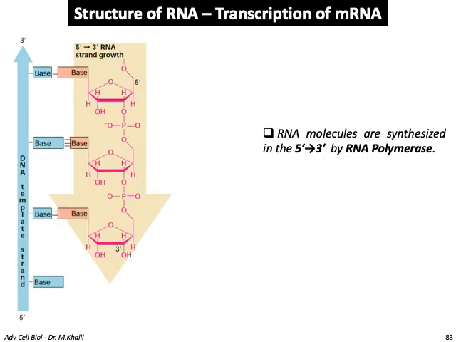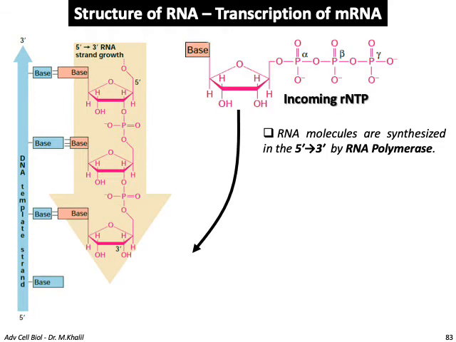Transcription of messenger RNA. You can see here the DNA template and the start of RNA transcription in the 5' to 3' direction, with ribonucleotides added in this direction and synthesized by RNA polymerase. Incoming ribonucleotides, for instance ATP, GTP, UTP, CTP, base pair complementarily with the DNA template.